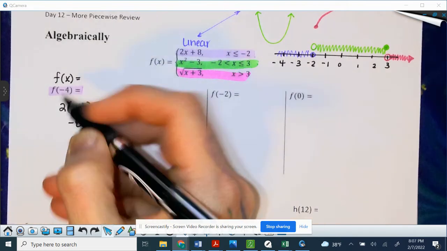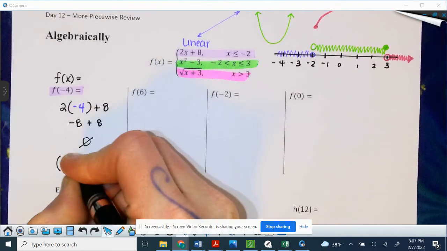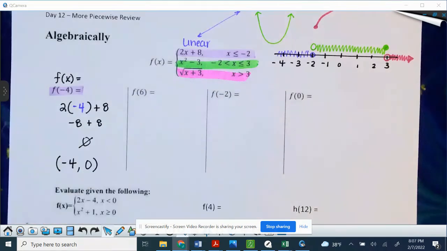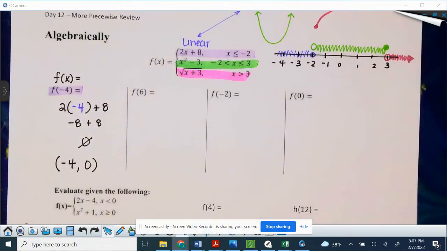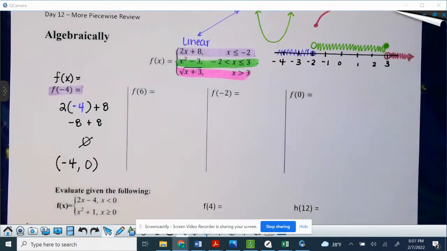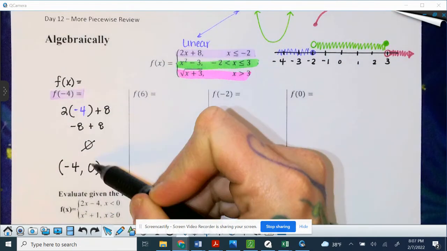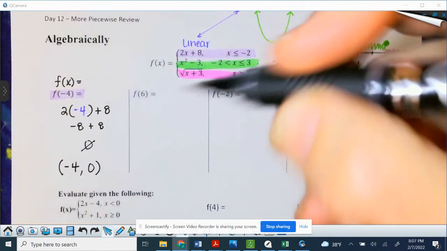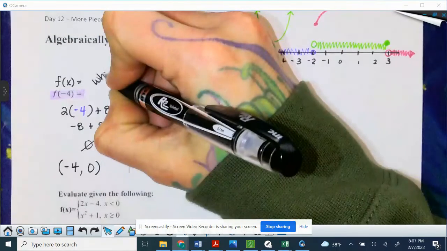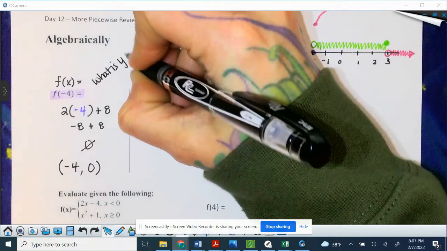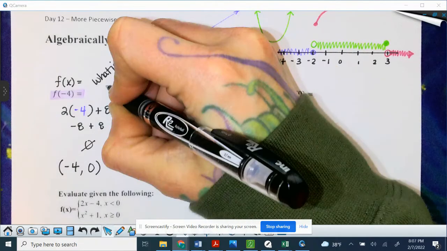As a coordinate, that means when x is -4, y is going to be 0. It depends on how they notate your answer choices or how they word the question. The verbal question is, what is y when x is equal to -4?